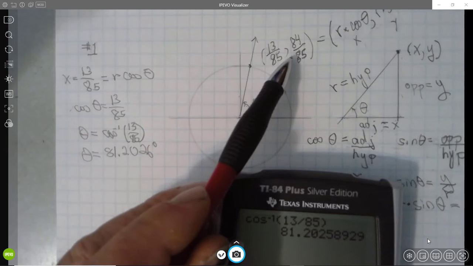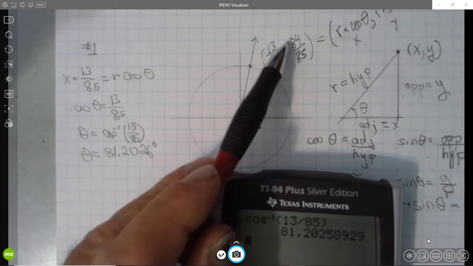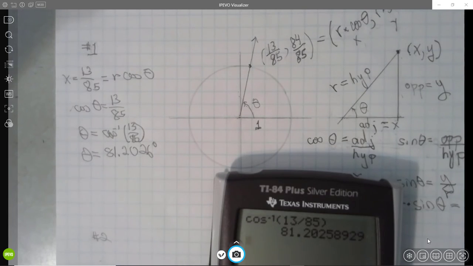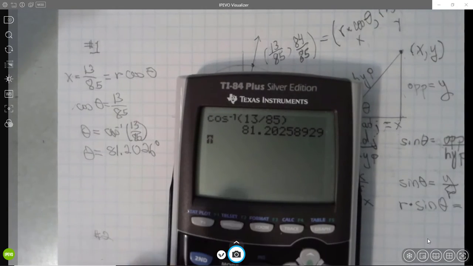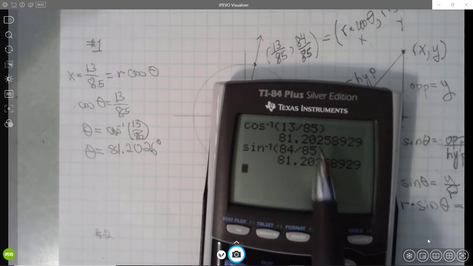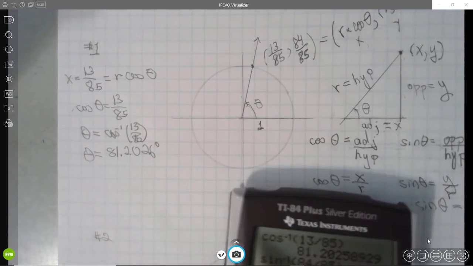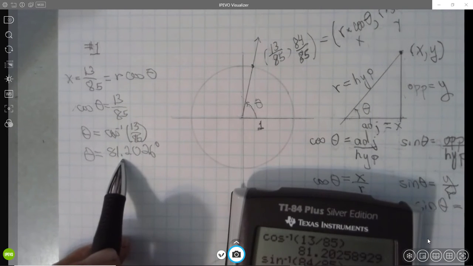So if y on the unit circle is 84 over 85, then the inverse sine of 84 divided by 85 should give me the same answer, and it does. You can see those two right next to each other. They are exactly the same. So this angle is a little better than 81 degrees.